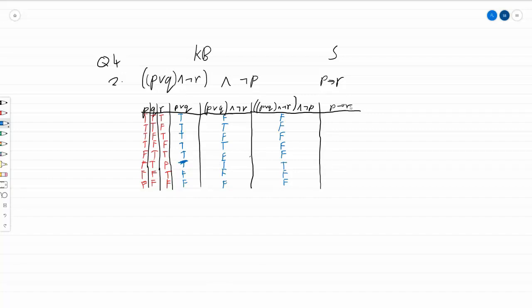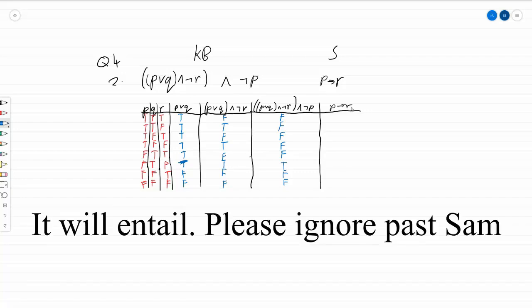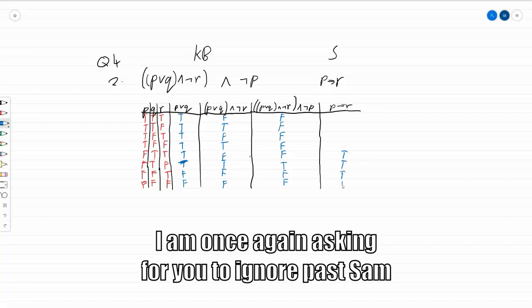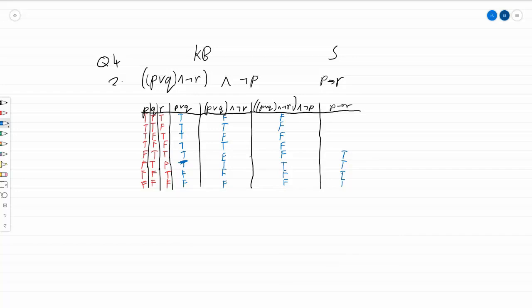And so P implies R. Over here, I can already guarantee that this actually won't also entail. So P implies R when P is false, so this entire bottom section here will be true. So those bottom four. So P implies R, those are all true, and immediately we can see that this isn't going to entail. So P implies R when R is true over here, some points.